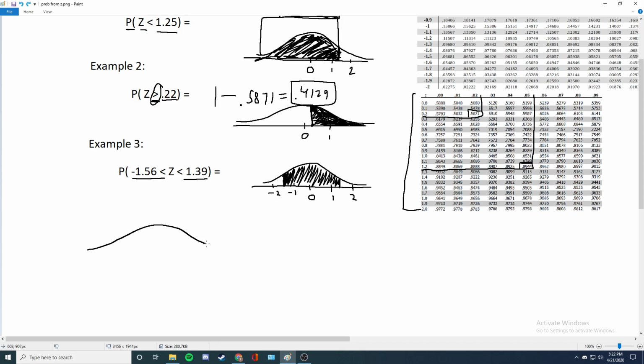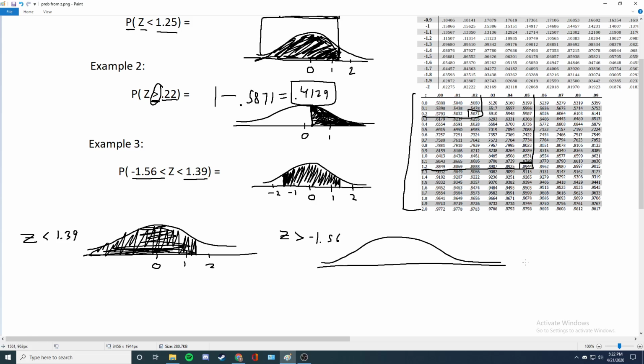First, z less than 1.39: this is the entire region to the left. And then z greater than negative 1.56: this tells us the entire area to the right.